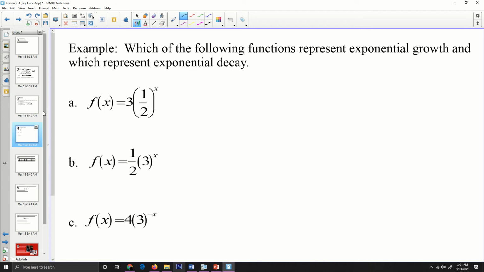So let's take a look at a couple of equations here. We have f of x equals 3 times 1/2 to the x. We have f of x equals 1/2 times 3 to the x. And we have f of x equals 4 times 3 to the negative x.